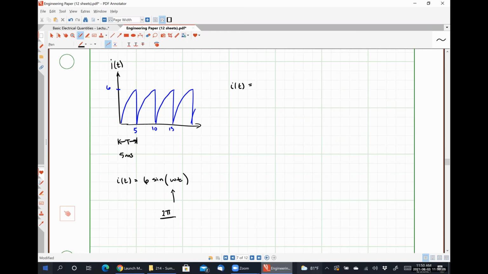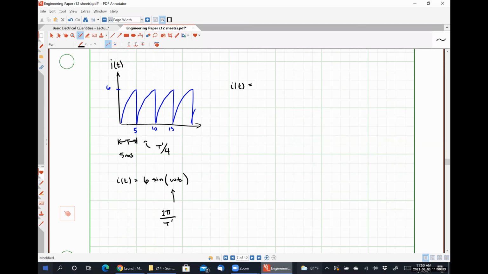So in this case, the T isn't 5 milliseconds. T would be 20 milliseconds, right? Because we know that from the perspective of a full sine wave, this guy right here, I'm going to call it T prime over 4. And we want 2 pi over what I'm calling T prime there.